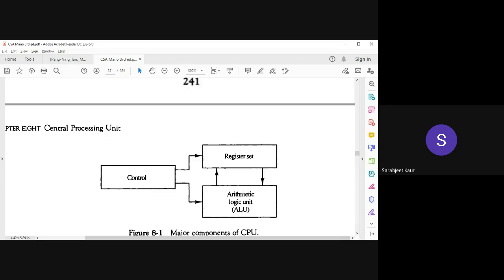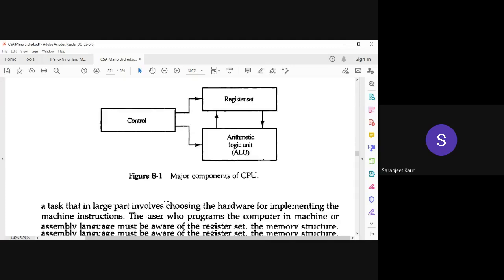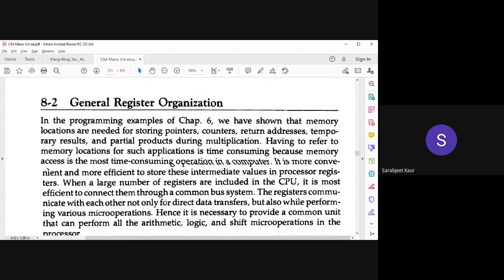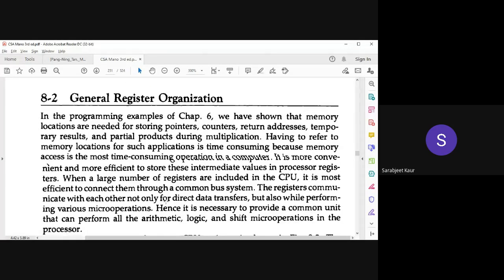That means the entire execution of the instructions is controlled or supervised by the control unit. Now, how this happens is also what we are going to look at in today's class, right? So let us start with the general register organization.